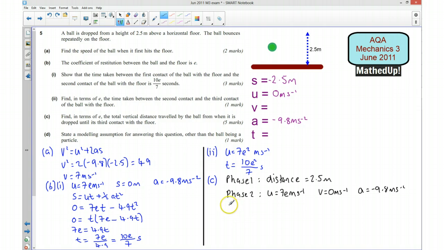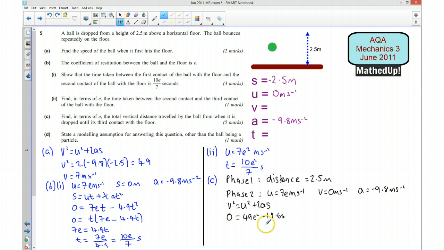So I'm going to use the formula v squared is equal to u squared plus 2as. And v squared is going to be 0. u squared is going to be 49e squared. And 2as is going to be minus 19.6s.